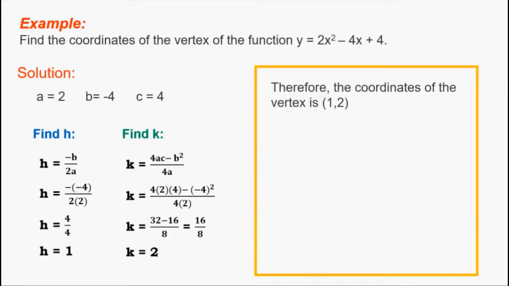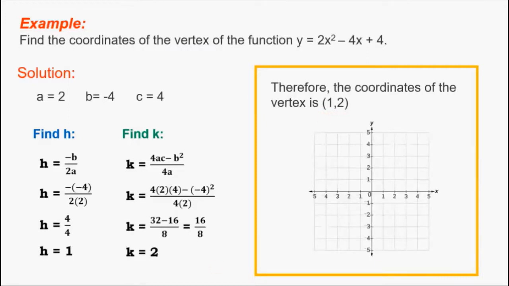Ilagay lang natin ang values ng h at k sa loob ng parenthesis. Therefore, the vertex is located at point (1, 2) in the Cartesian coordinate plane. Kaya, kapag ni-require kayo na i-plot ito, nandito ang ating h o ang x-coordinate.